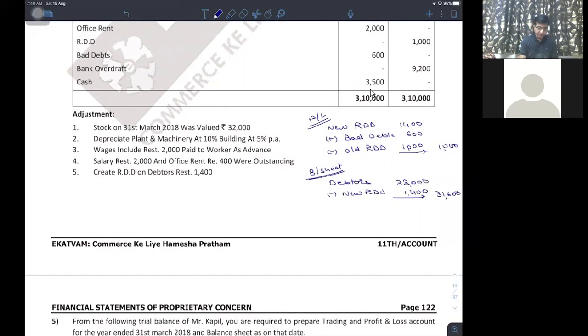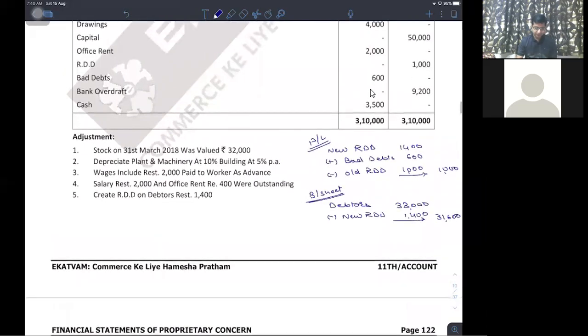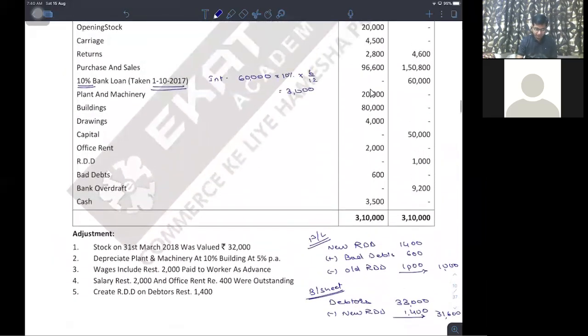All right. Now I'll give you the balance sheet total of this also. Plant and machinery is to be depreciated by 10%. Building is to be depreciated by 5%. Stock is 32,000.